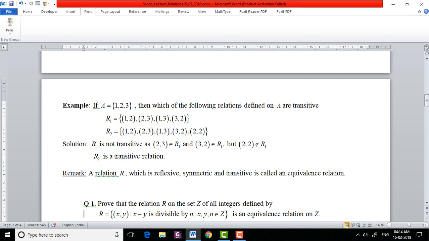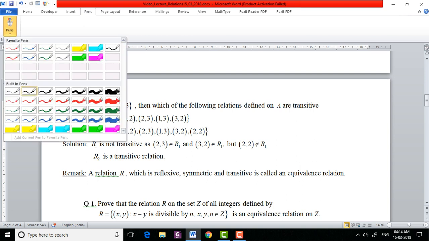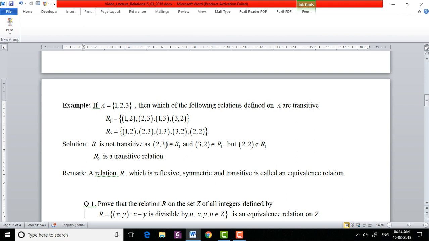Now if set A has elements 1, 2 and 3, then check which of the following relations defined on A are transitive. Now R1 is a relation which contains elements of the form (1, 2), (2, 3), (1, 3) and (3, 2). For the elements (1, 2) and (2, 3), the first has second entry 2, the second has first entry 2, so we need an element of the form (1, 3) present in the relation, which is present over here.